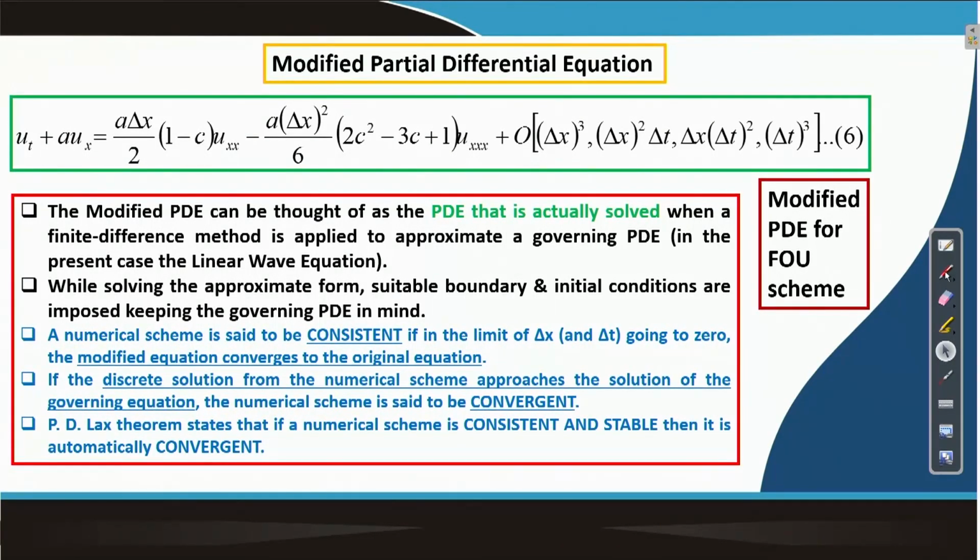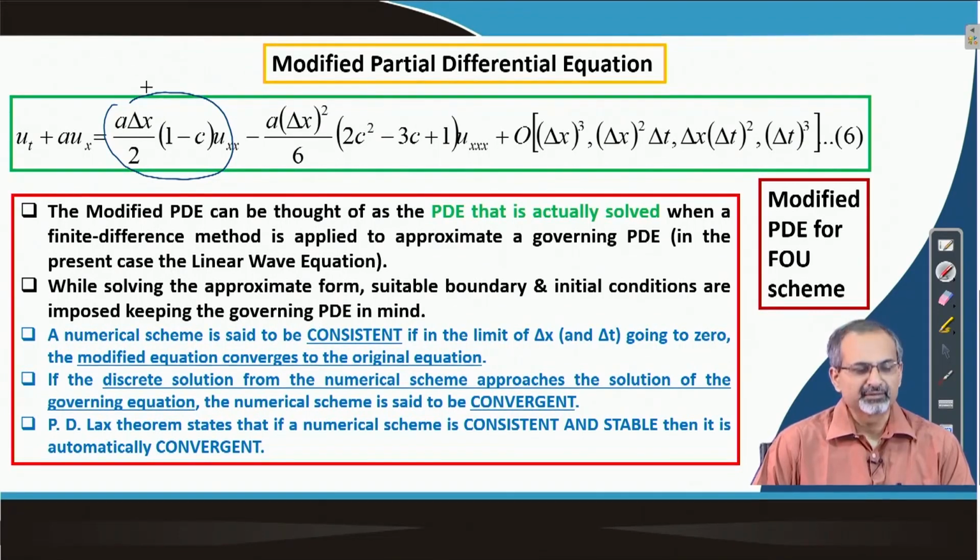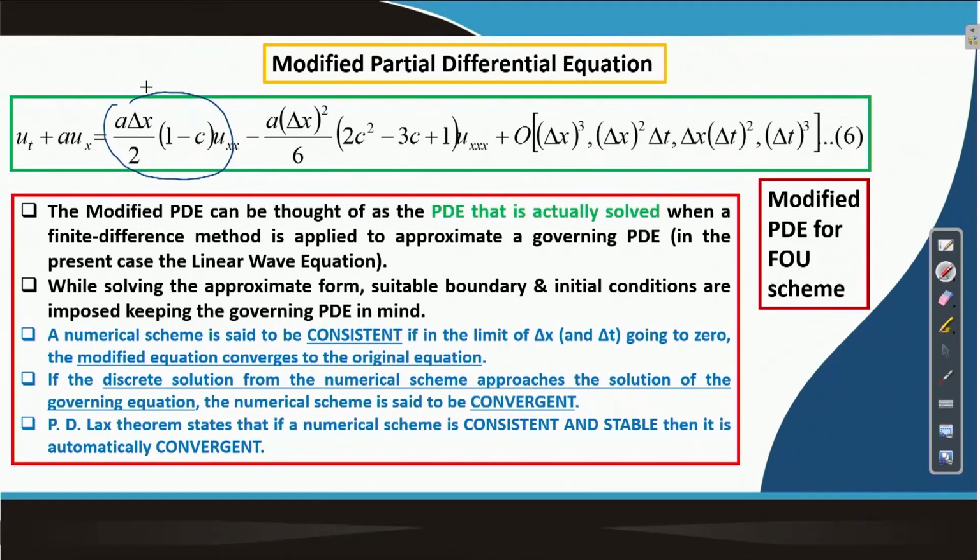we could identify that there are error terms in the truncation error, and incidentally the leading error term happens to be a second order derivative in space associated with a coefficient.